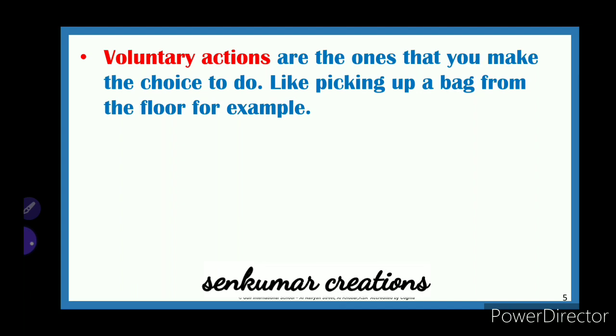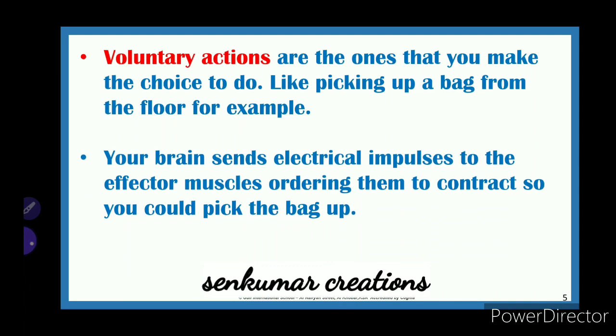If you want to take the bag, you can take it, or you can leave it there. It's according to your choice, your wish, your option. So this is a voluntary action. You have to decide whether the body muscles take the bag or not. You have to give permission to your hand to hold it or take it away. So this kind of action we call voluntary actions.